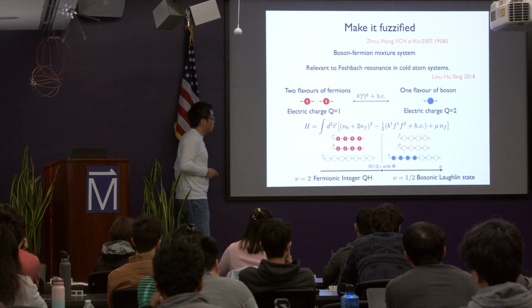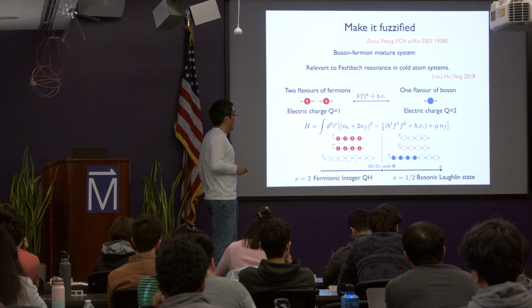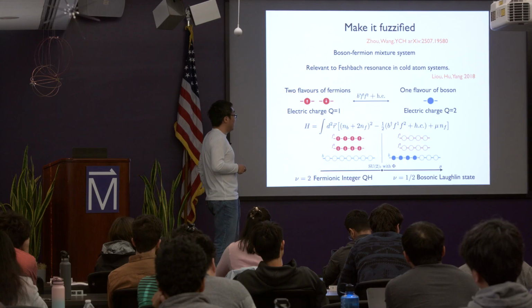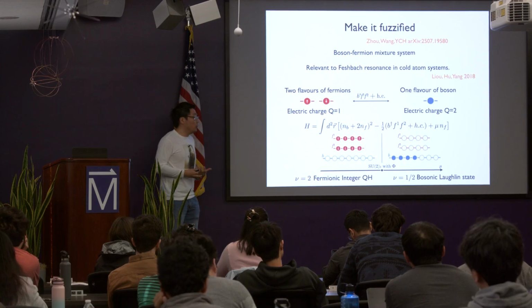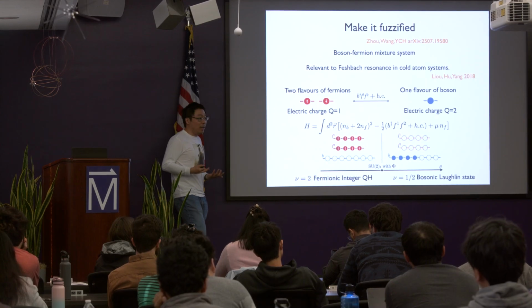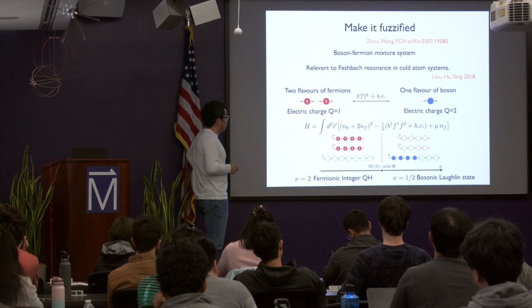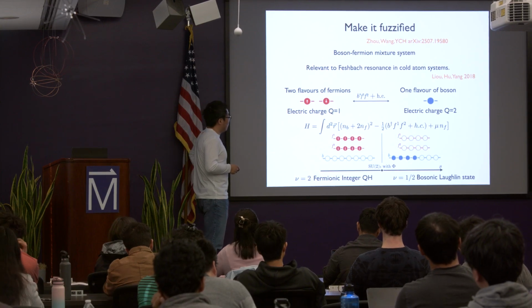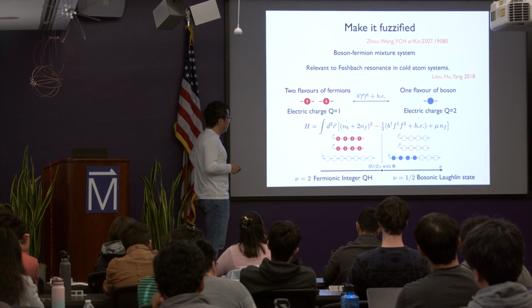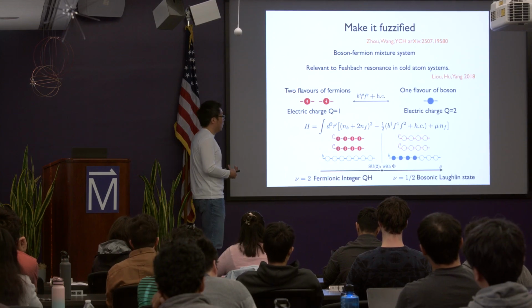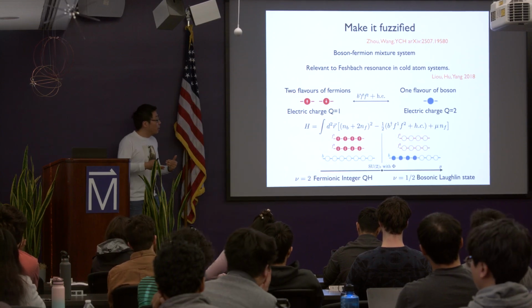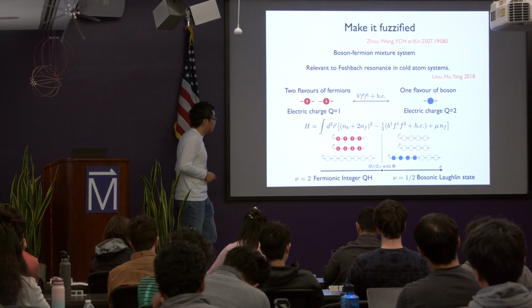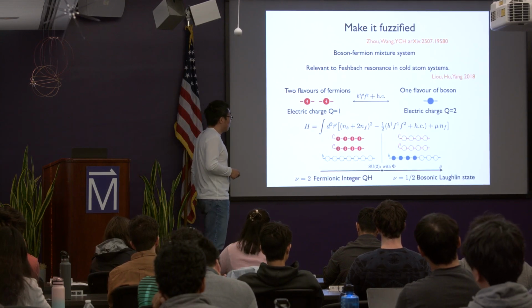Now you can consider two extreme cases. If the chemical potential is very negative, then all particles would like to be fermions, and we choose the filling factor such that if all the particles are fermions, I just get the lowest Landau level completely filled. That's the fermionic integer quantum Hall effect.